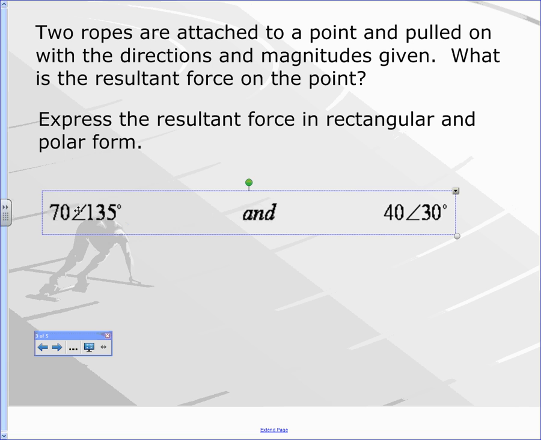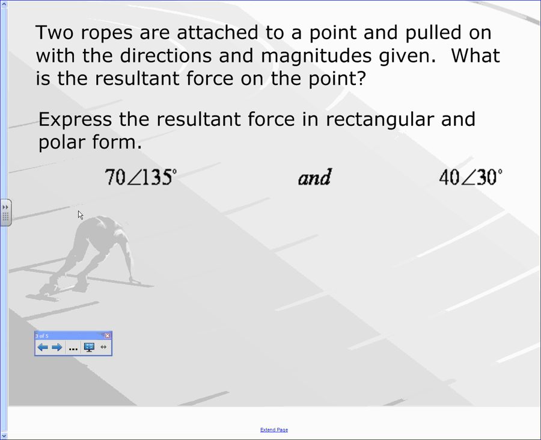Alright, so how are you going to draw this first vector? What quadrant is that? Second quadrant? Do you agree? This is 70. What is my angle?